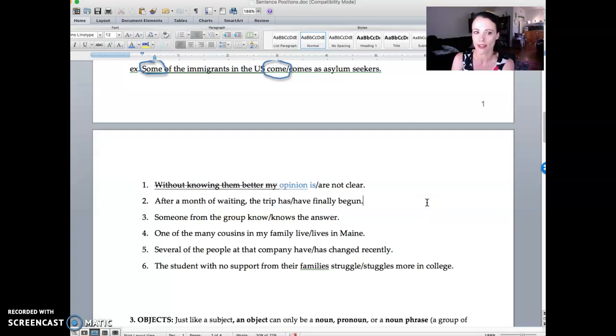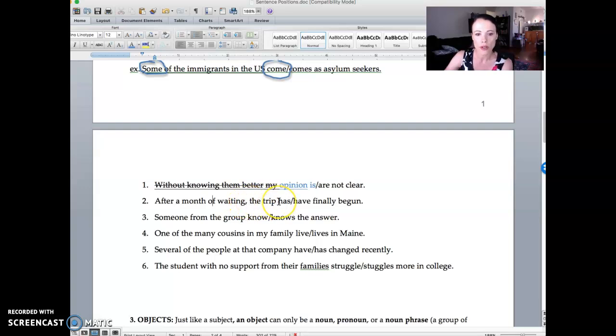Let's do one more together. After a month of waiting, the trip has or have finally begun. Now I have a hint right here, because if there's a comma at the beginning of a sentence, usually the noun, the subject is right after. But let's look. After a month, what's that? Preposition. Oh, sorry, we have to start with the complete subject. Sorry about that.